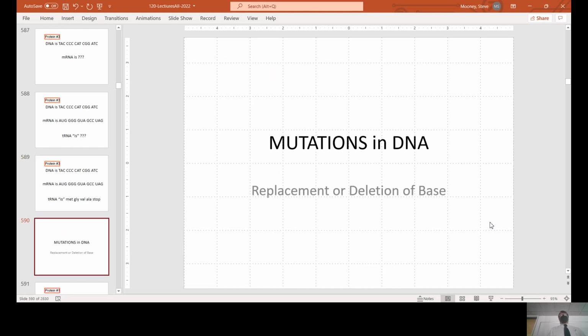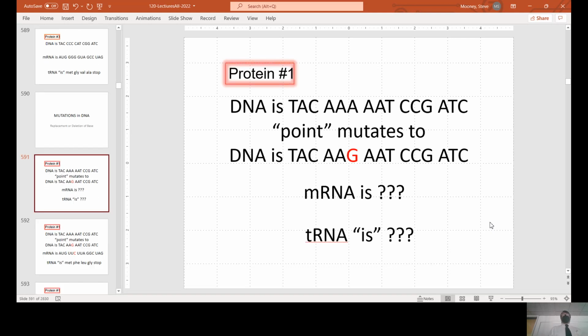So what happens when we have a mutation in our DNA? Using that same thing, we can have two types of mutations. One's called a point mutation, where we replace one of our G's, one of our nucleic acids, with a different one.